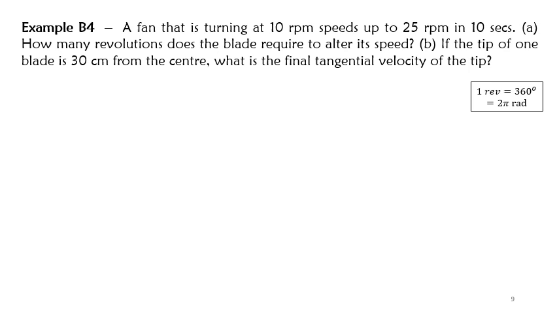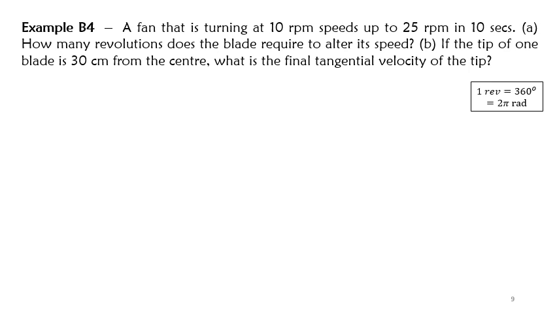One revolution is 360 degrees or 2 pi radians, but we are working with radians, so we stick with 2 pi radians. If the tip of the blade moves from its initial position and returns to that position, it has completed one revolution.